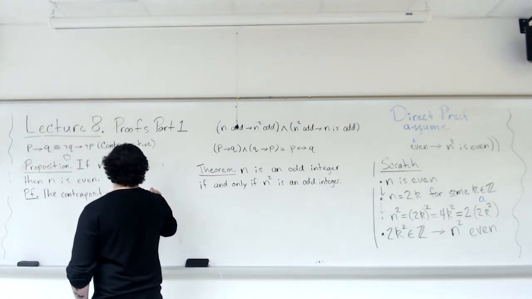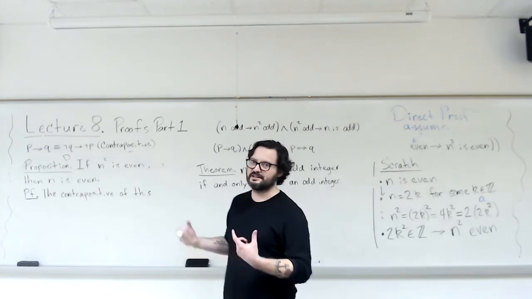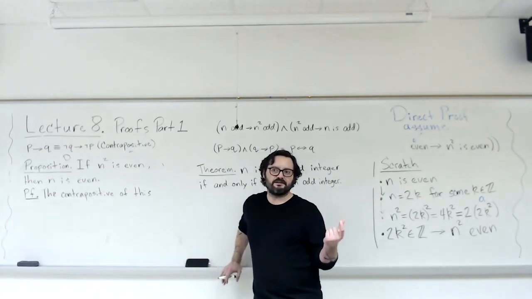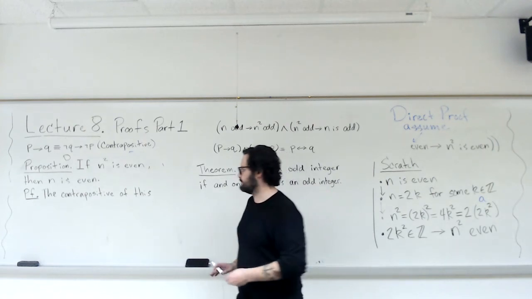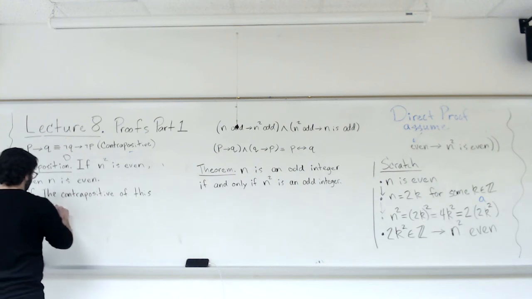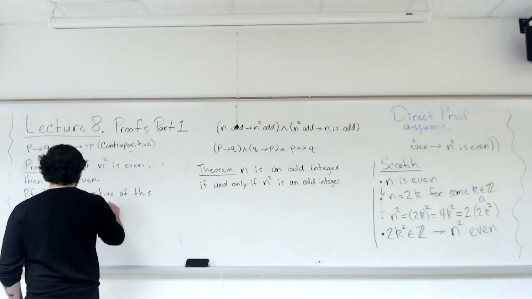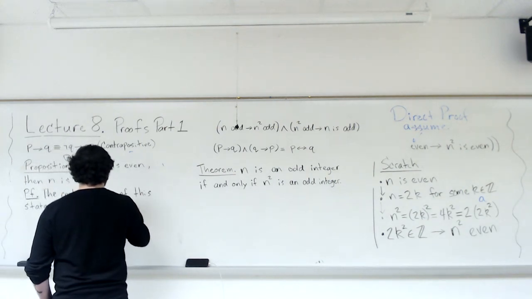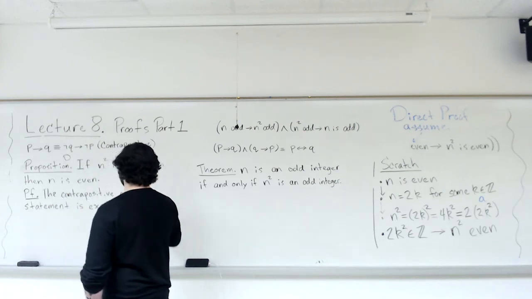And by the way, in your notes, please label those things correctly so that when you're referencing back, you know. So proposition A was n even implies n squared is even. Proposition B was n odd implies n squared is odd. The contrapositive of the statement is exactly proposition B, which we already proved to be true.